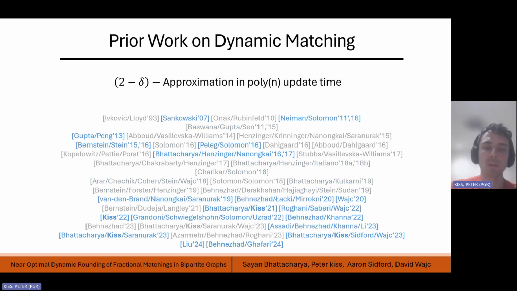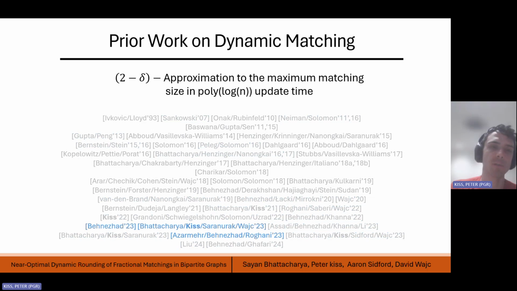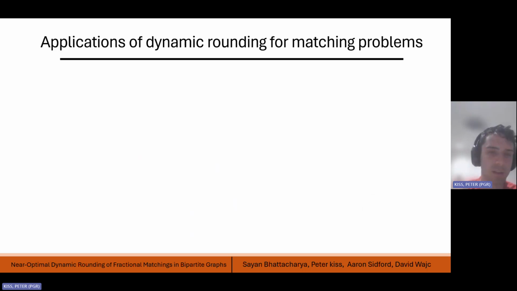There's a set of papers focusing on 2 minus delta approximation for some absolute constant delta in poly n update time. And more recently, there have been papers which achieve 2 minus delta approximation for some absolute delta in polylog n update time, but these algorithms only maintain an estimation to the size of the maximum matching and not the matching itself.